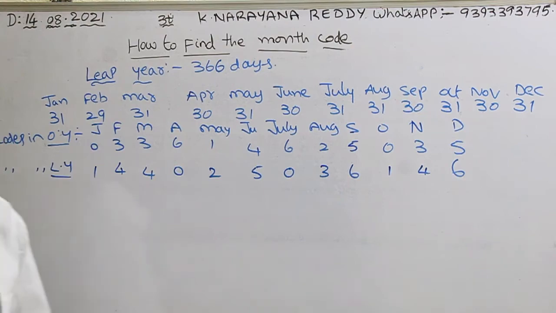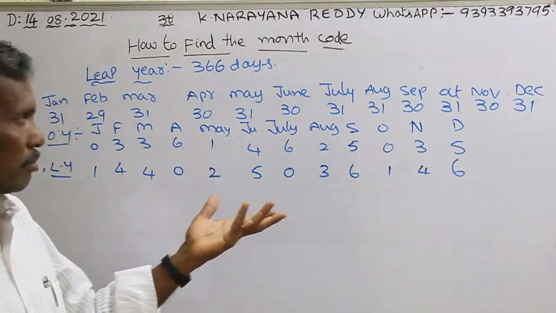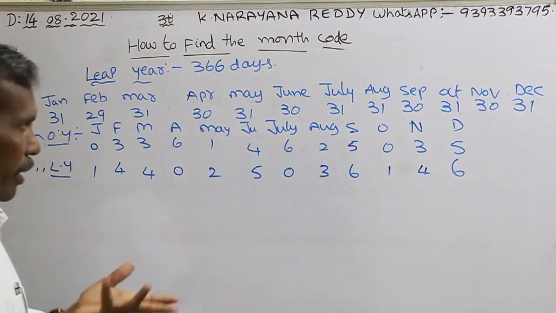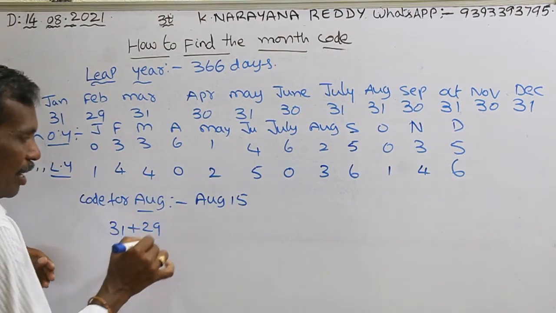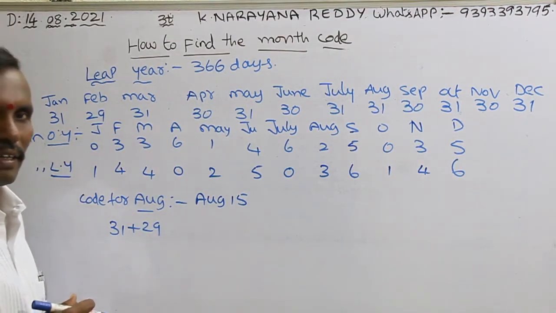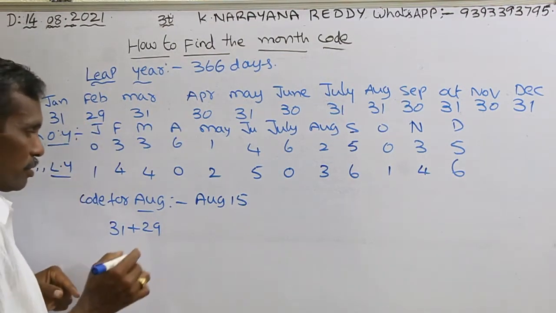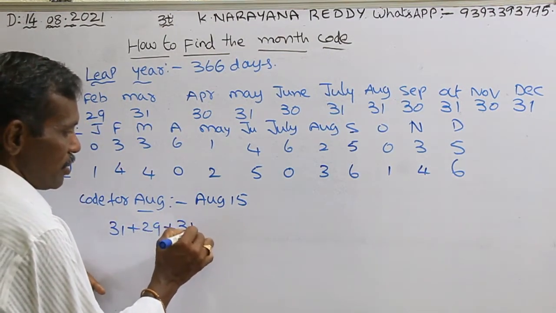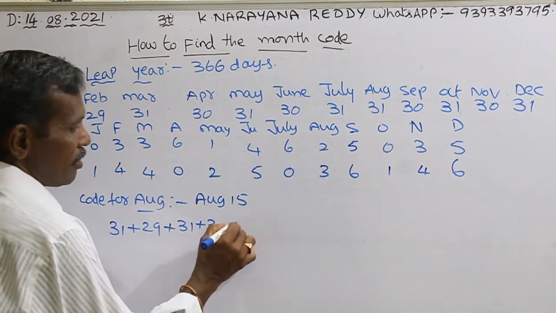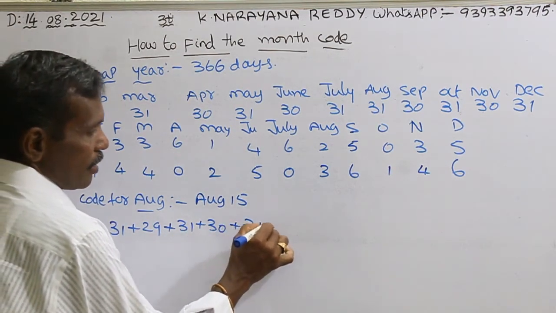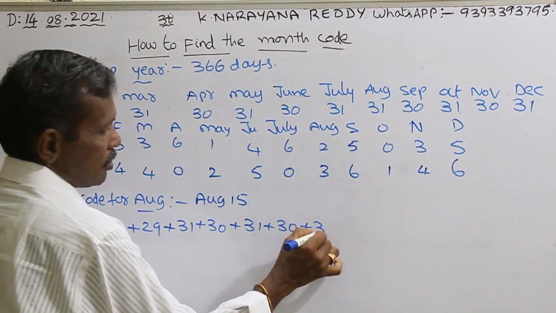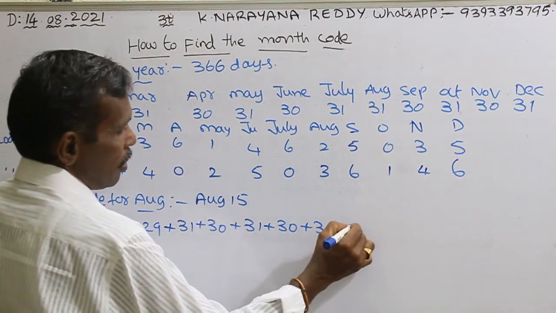Now I will show an example for you. Take some August. Okay. Feb. How many days are there in Feb for a leap year? 29. Please remember this. Don't forget. March, April, May, June, July, August.